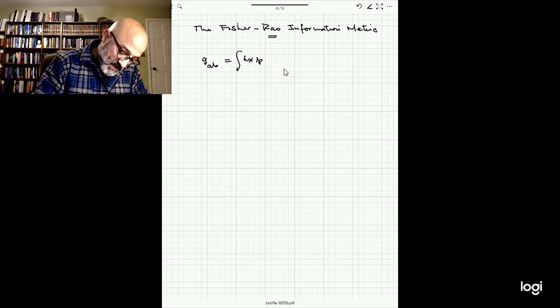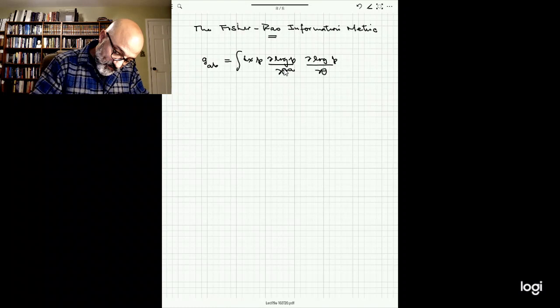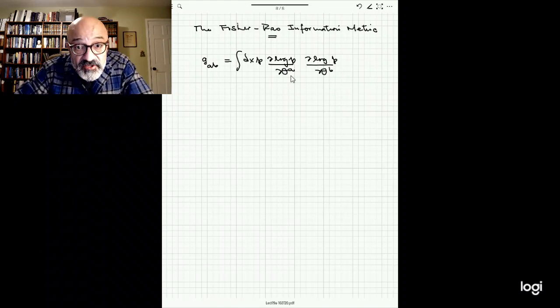The expected value of the derivative of log p with respect to theta a, times the derivative of log p with respect to theta b. Clearly, there are two indices, a, b.